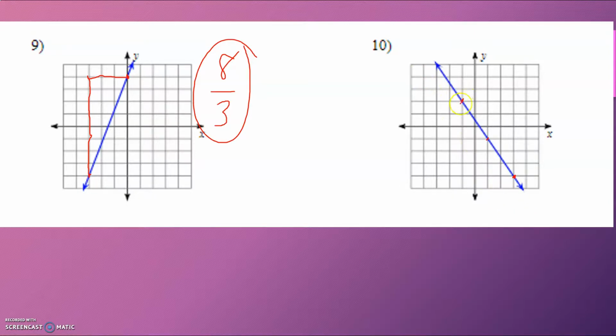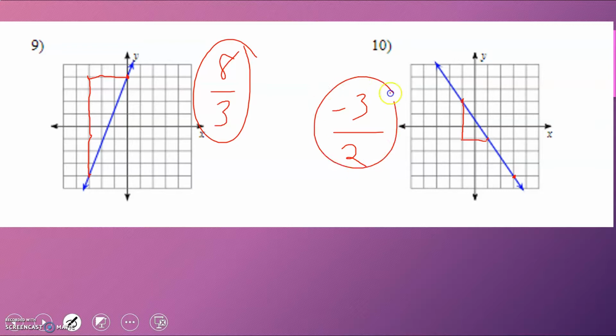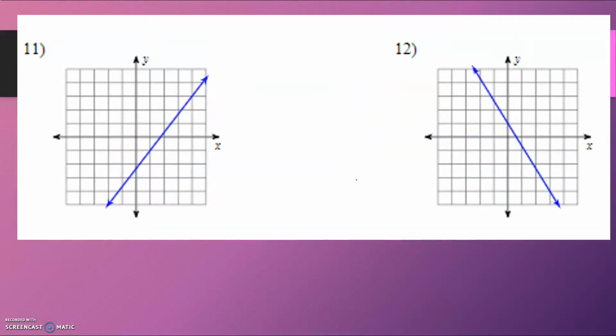So let's start with this one up here. 1, 2, 3. So we have -3 divided by 1, 2. We went over 2. So -3 over 2. If you had picked this point here, 1, 2, 3, 1, 2, same thing. You go down 3 over 2. Your slope is -3 divided by 2, or -3/2.